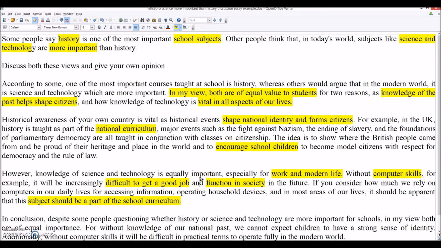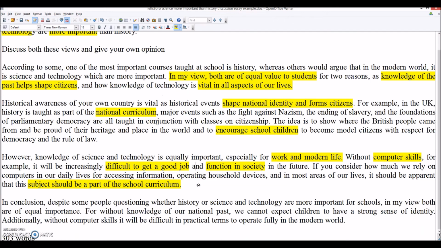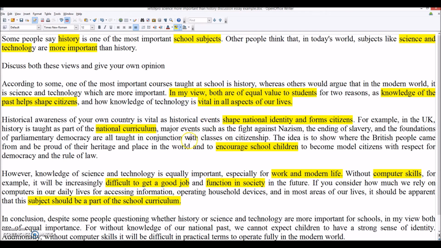Second main idea, however, science and technology in the form of IT skills, because I focused there, because if I didn't, that would be quite hard. So I focused on IT skills because we have to have those for a good job, etc. And then conclusion, you paraphrase exactly the same. So again, we can see how task response works.